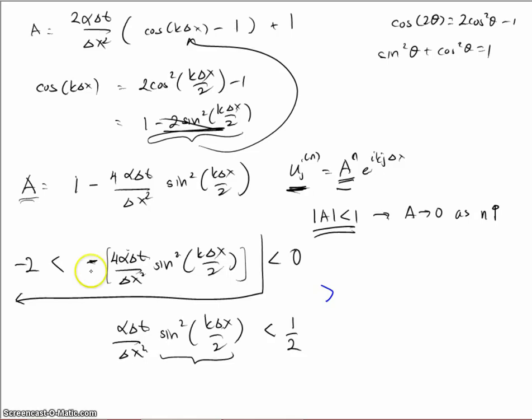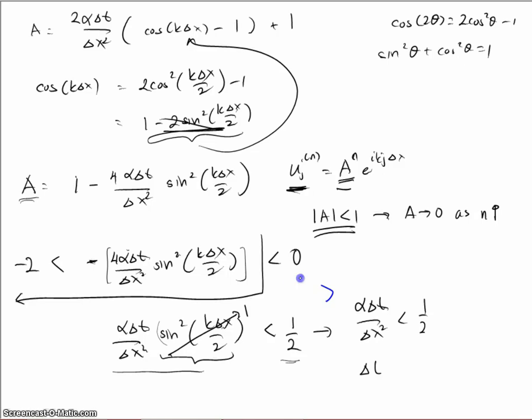If we want this entire expression to be less than half, we have to consider the largest value of sine so that we test for the strictest criterion possible. So considering that the largest value is equal to 1, what we get eventually is alpha Δt over Δx squared must be less than half.